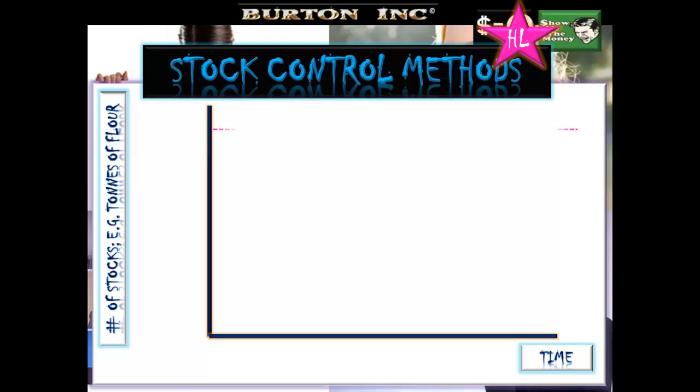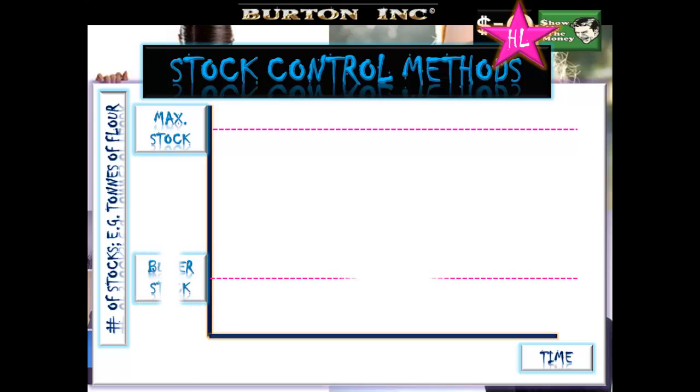Let's have a look. There's a maximum stock level that our warehouses, our stores can hold. We should be holding buffer stocks in place. Now, buffer stocks, the more uncertainty there is about delivery times or production levels, the higher the buffer stock level will have to be.